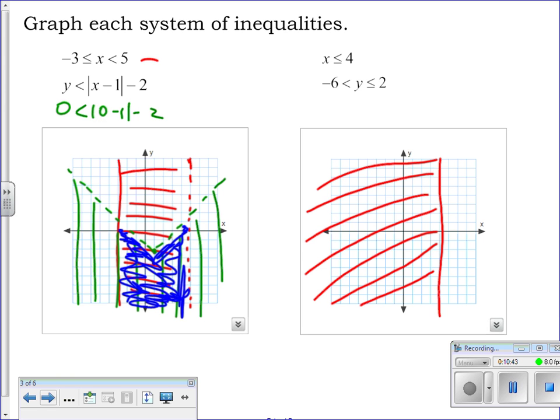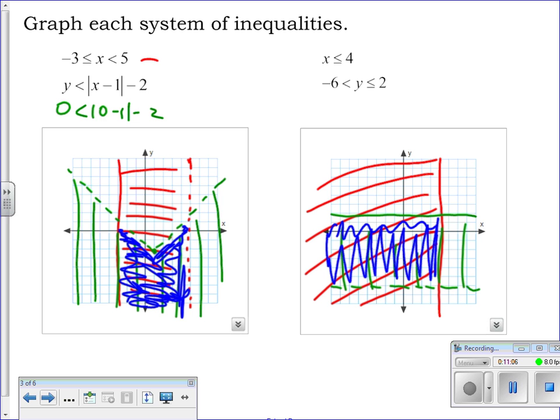So I have a line at y equals 2, and it's a solid one for that. -6, and it's a dashed one for that. 1, 2, 3, 4, 5, 6. And it's everything in between those two. And my overlap is this rectangular area.